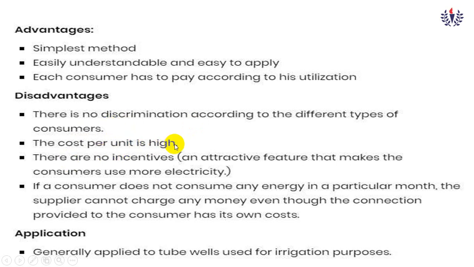Here we impose this tariff on all, so the cost per unit of generation is very, very high, and there are no incentives. I already told you that one characteristic of a tariff is that it should be attractive. So we should give some incentives based on consumption and on the consumer. That is not in this type of tariff.